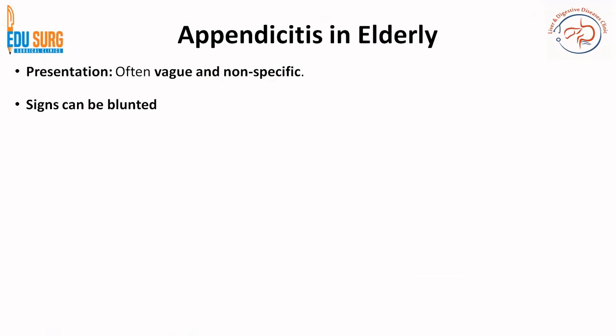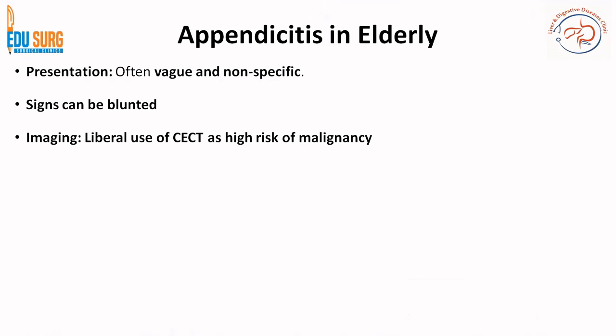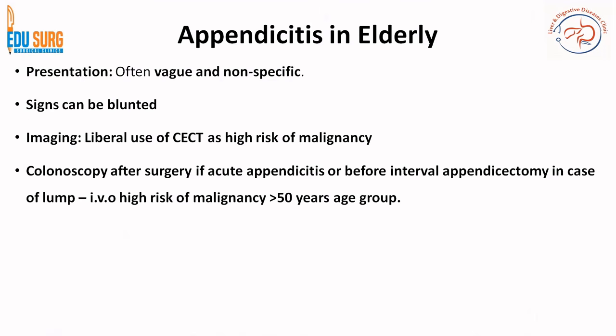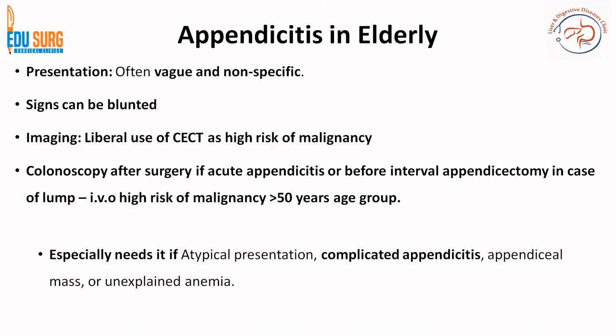Coming to appendicitis in the elderly, we have already discussed that the signs can be blunted and presentation can be non-specific. Liberal use of contrast enhanced CT and colonoscopy, especially in the interval period, not when there is acute appendicitis, because this group has a high risk of malignancy.